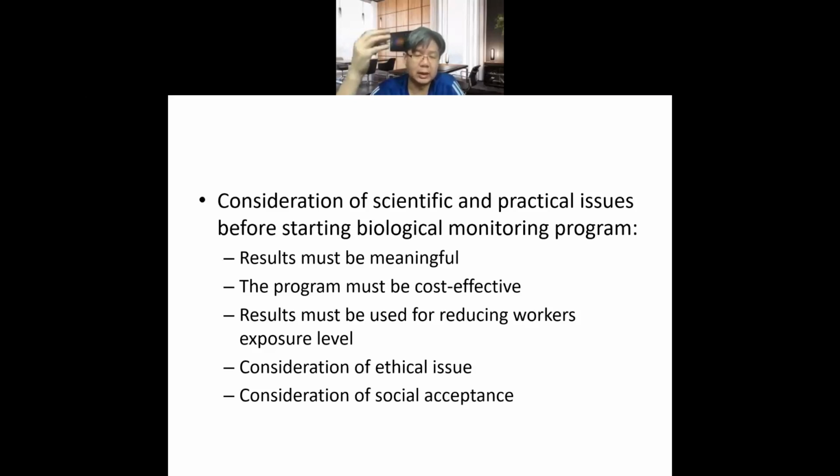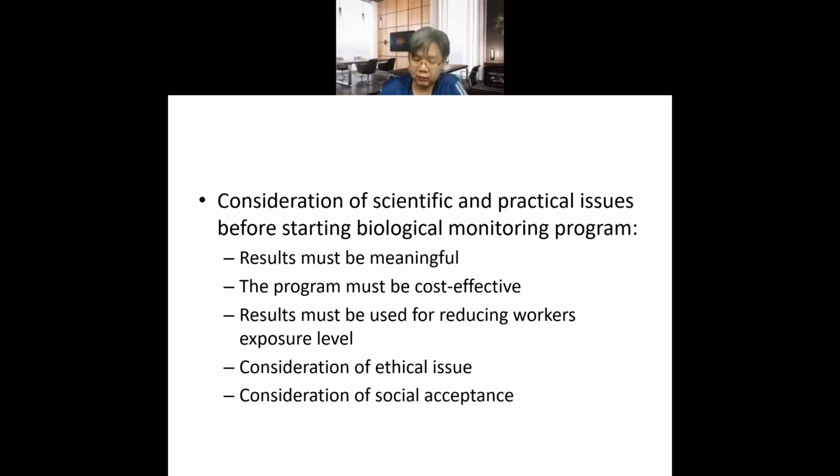And then you have to consider the ethical issues and also social acceptance. Ethical issues, social acceptance meaning taking biological samples. For instance, withdrawing blood by pricking should be acceptable, or taking urine is acceptable. If we need to take certain special samples like the cerebrospinal fluid, needing a puncture, that one is not acceptable anymore.